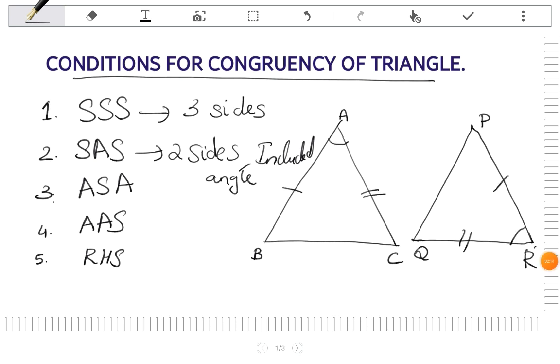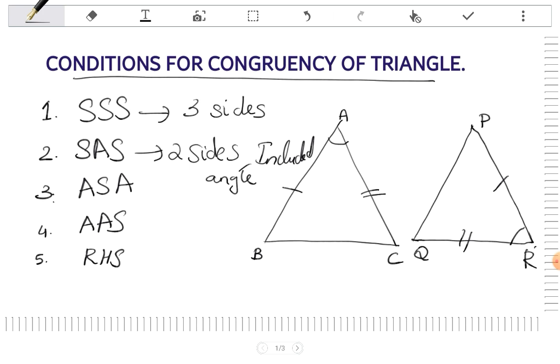Here in these two triangles, we can see that AB and PR are equal, and AC and QR are equal. So we have 2 sides, and angle A and angle R are equal, and angle A and angle R are included angles.